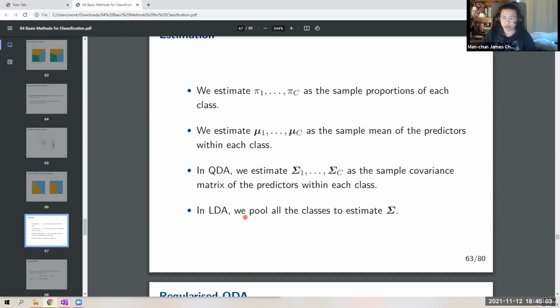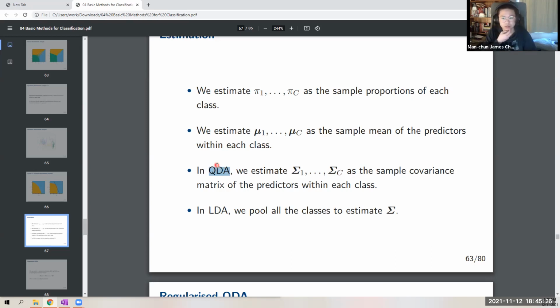The key is that LDA and logistic regression can only fit linear decision boundaries, while QDA and k-nearest neighbors can fit non-linear decision boundaries.